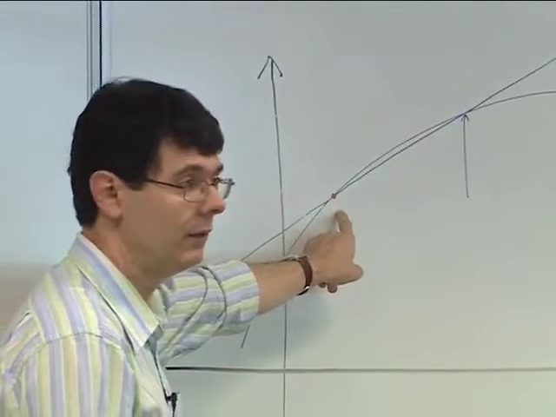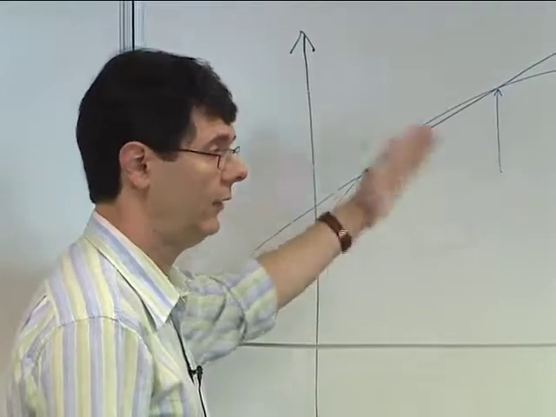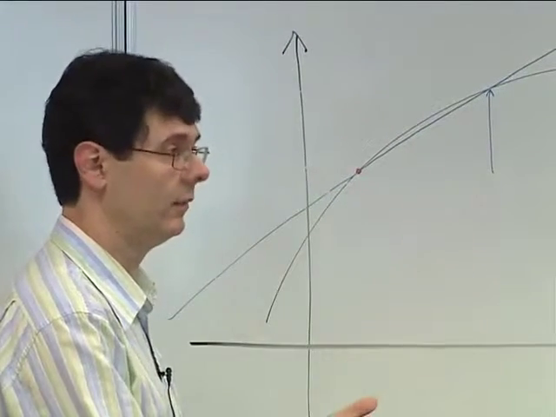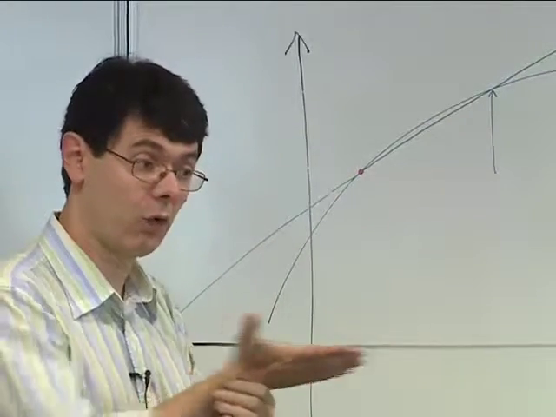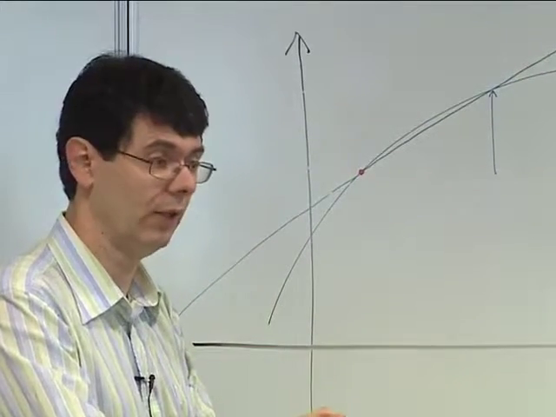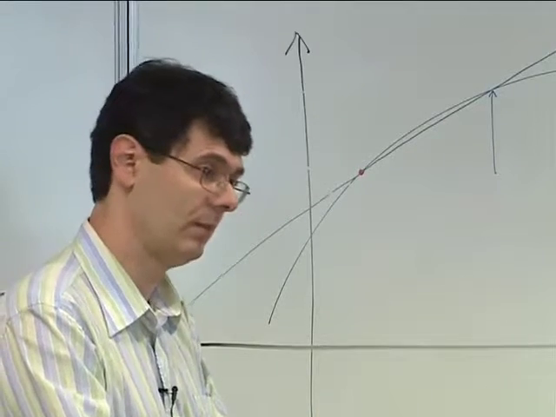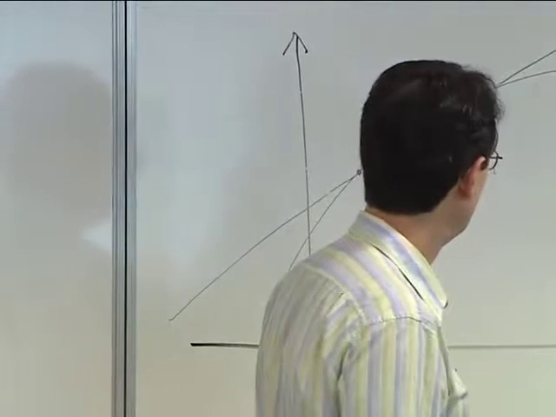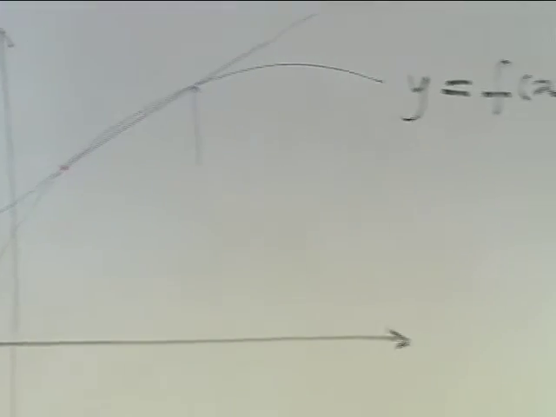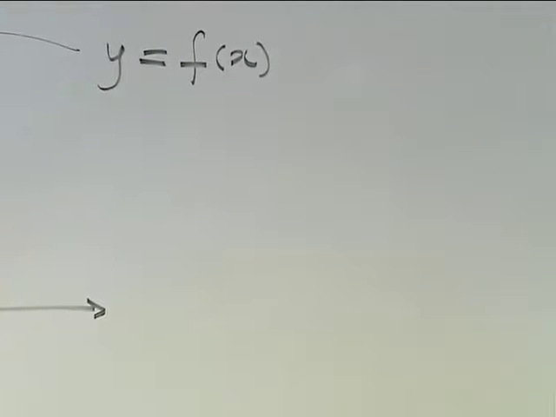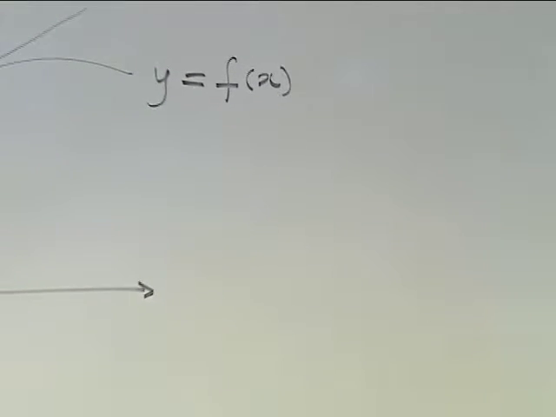And most of the lines, as I mentioned, are going to be secant. They're going to cut across and not be tangent. But take a look at what happens, and I'm going to draw here because I don't want to clutter that image. Take a look at what happens when you draw many lines.